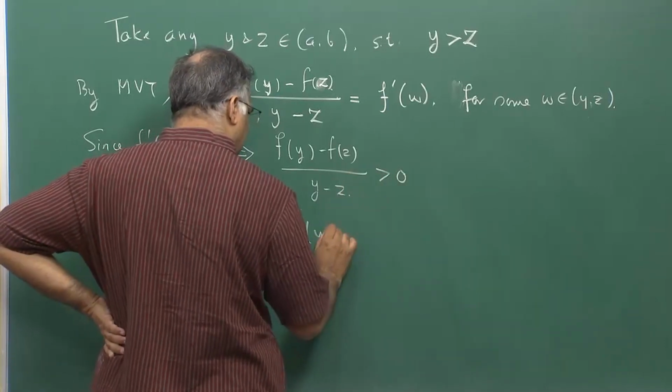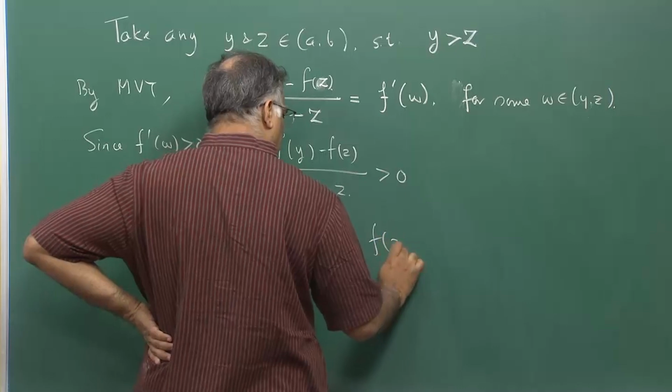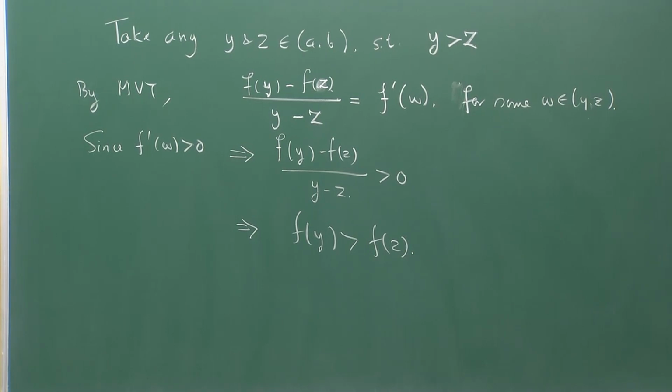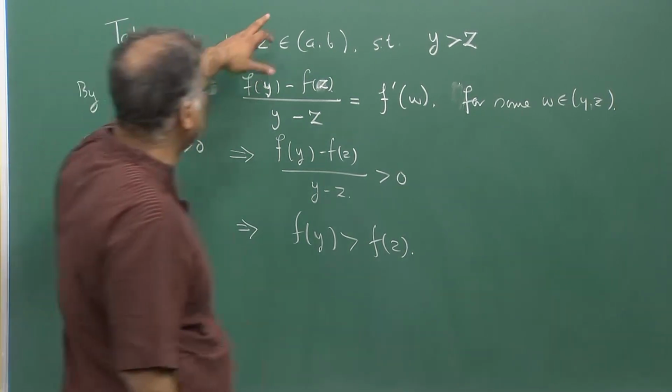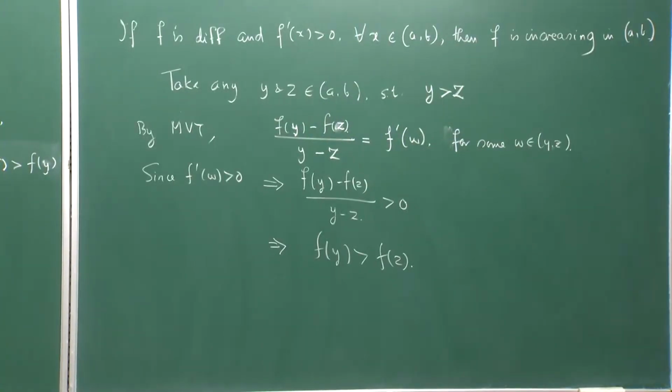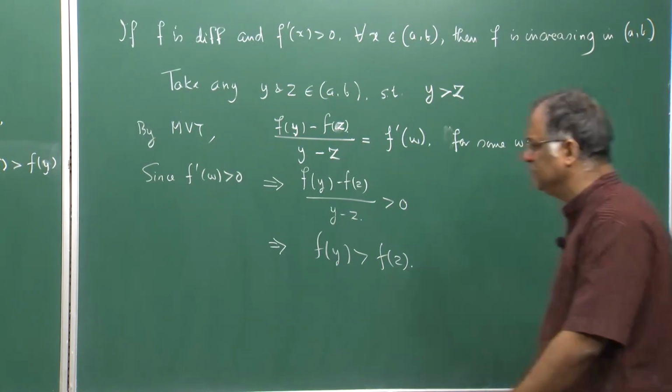It simply means that Fy is strictly bigger than Fz, which shows that it is increasing. I would leave it to you to write down a similar result for the decreasing case: if f is differentiable and f dash x is strictly less than 0 in an interval a b, then f is decreasing.